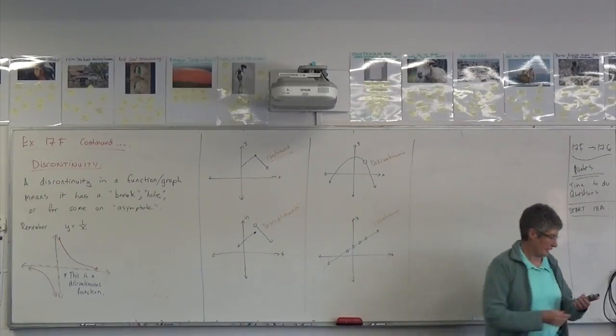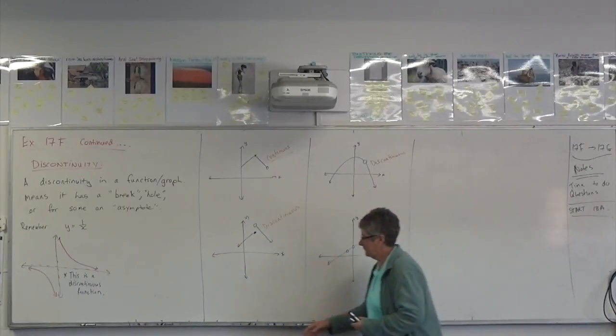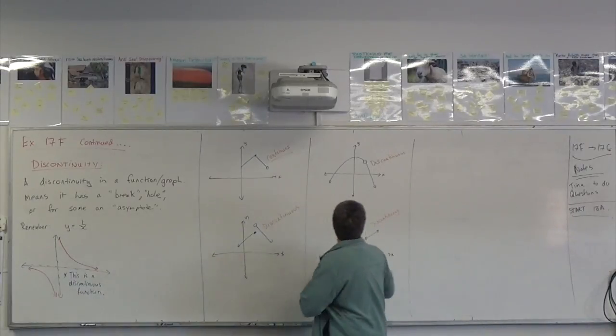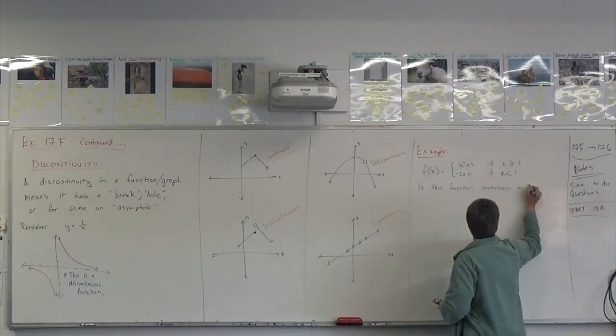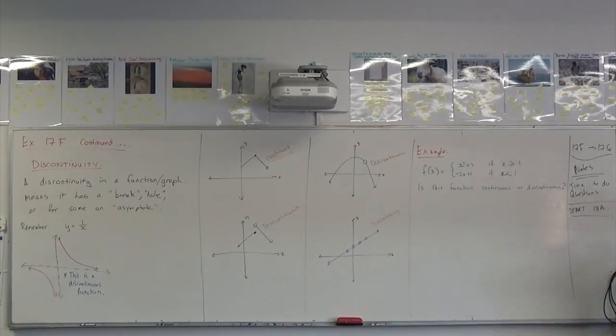So, if I get an example up. There's two ways we could go about this. I could actually draw a graph and prove it by having the graph drawn, okay?